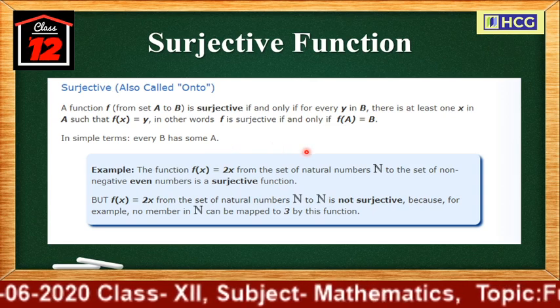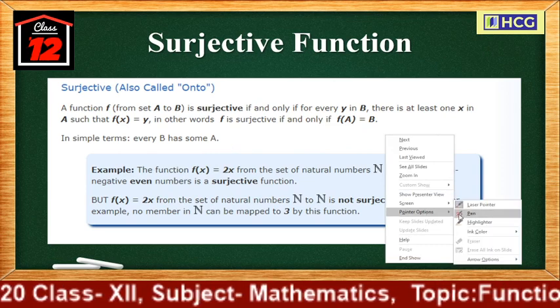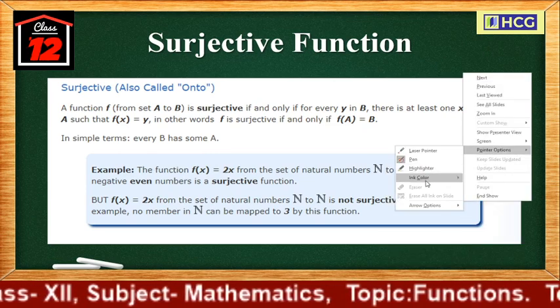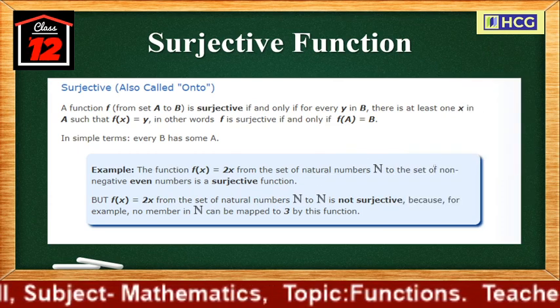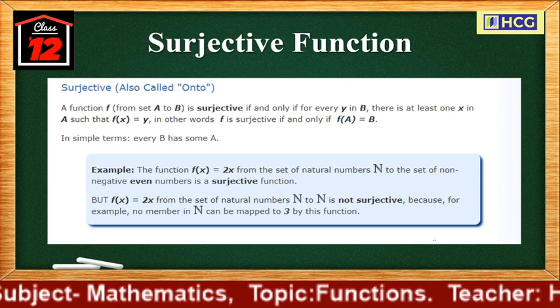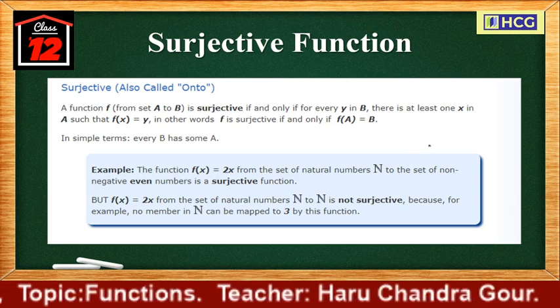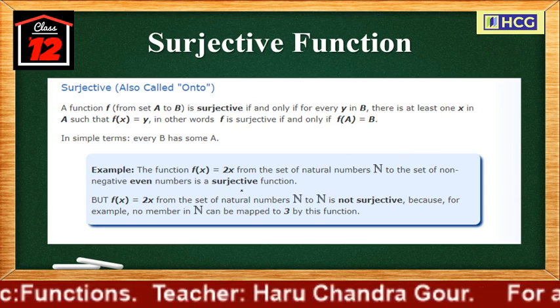Now in the codomain set, every element is in the form of non-negative even numbers.